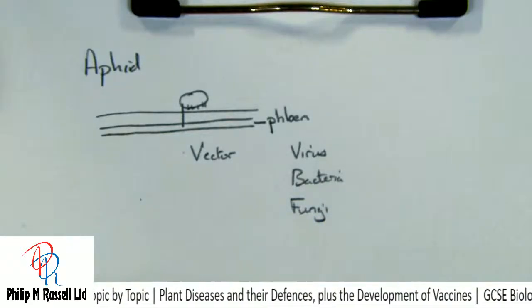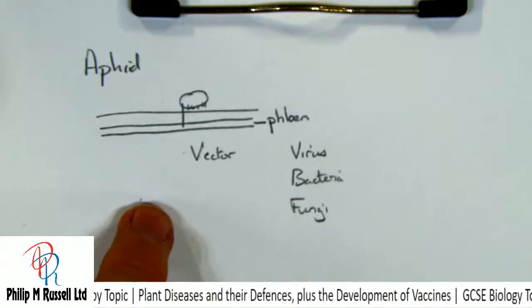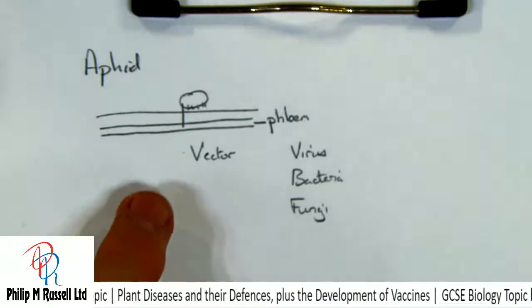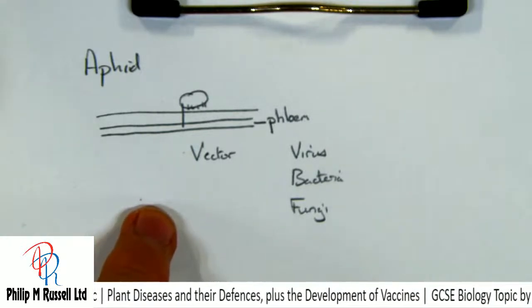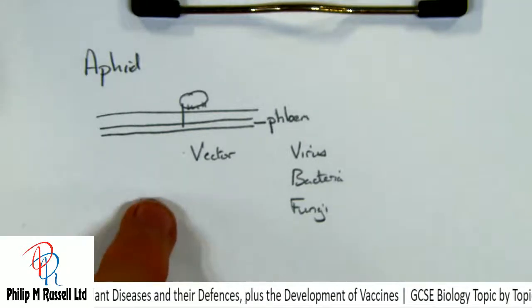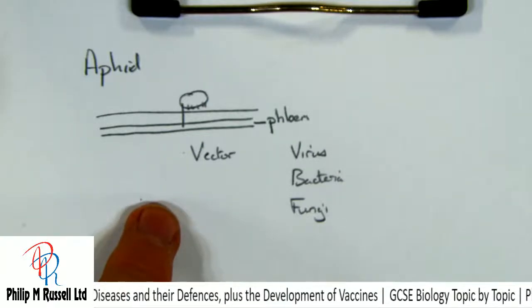And although these aphids can be destroyed by chemical pesticides, by releasing insects that eat them such as ladybirds and their larvae, it doesn't sort of work fantastically.